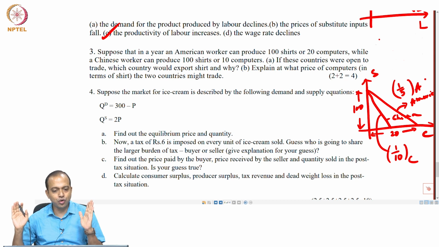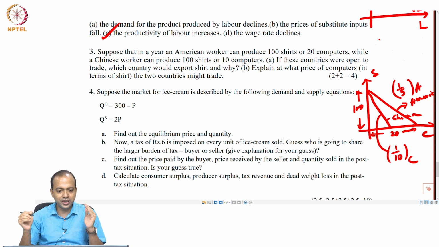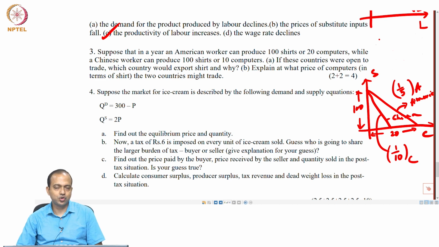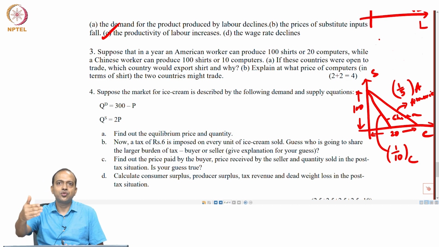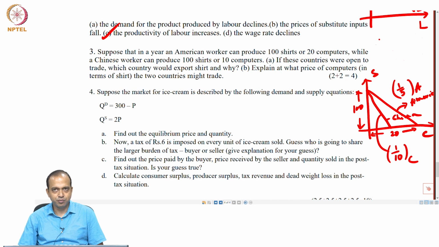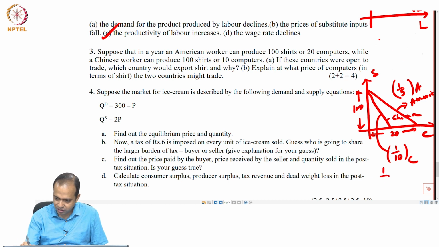So, obviously, China will export cert because of its comparative advantage, because the opportunity cost is lower. 1 by 10 is lower than 1 by 5.